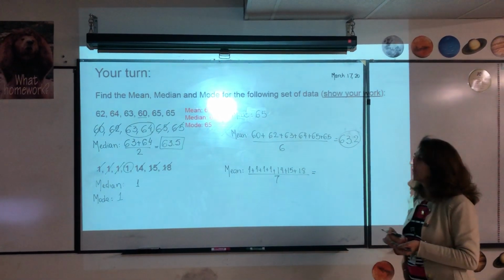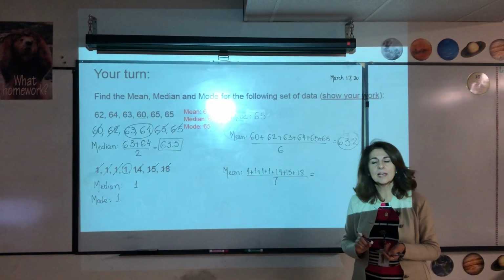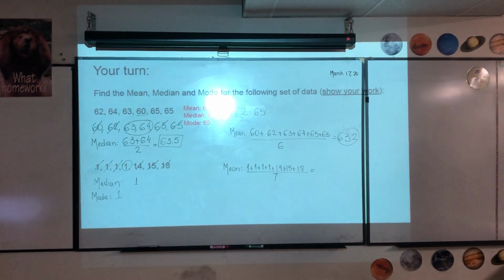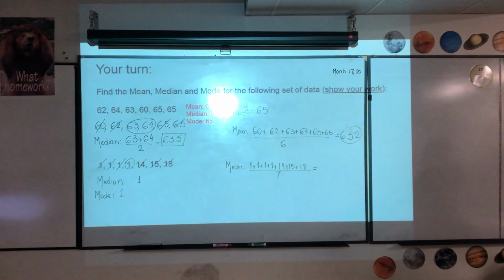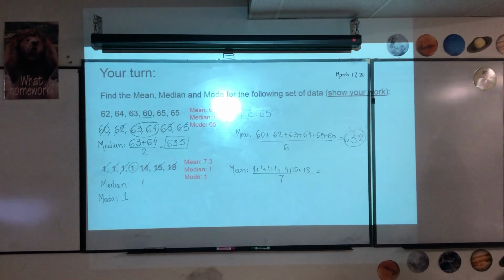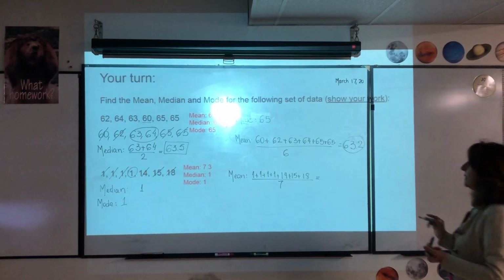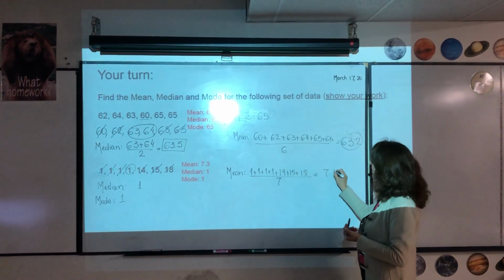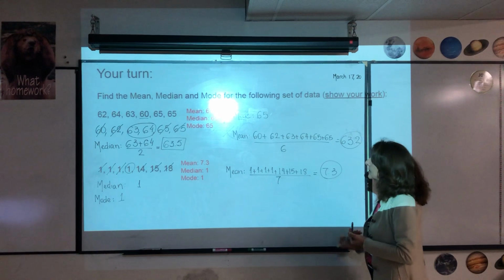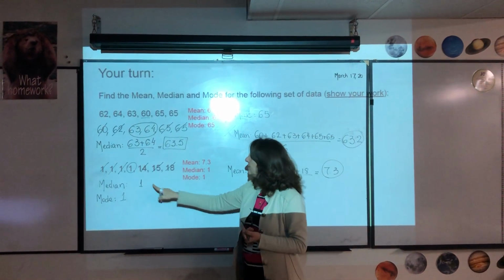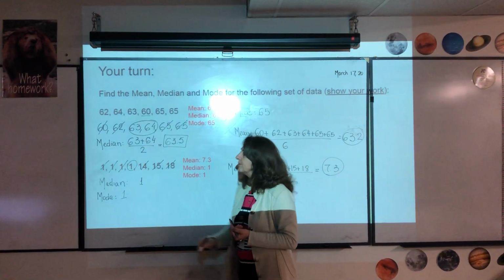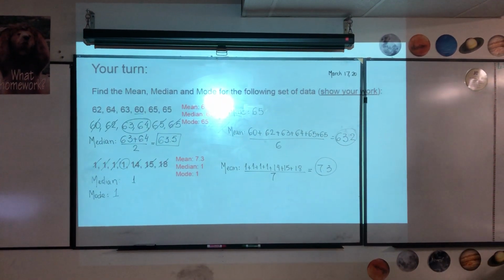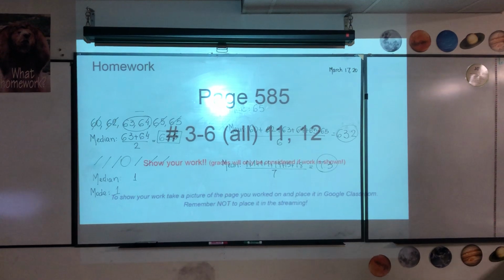Once again, I'll give you a second to get the calculator and find out how much that is. Here we go. When we add this all up and divide by 7, we get 7.3. The median 1, the mode 1. So look at that.